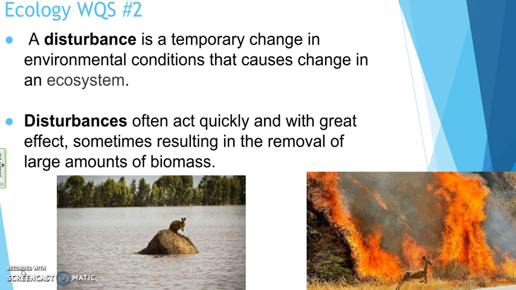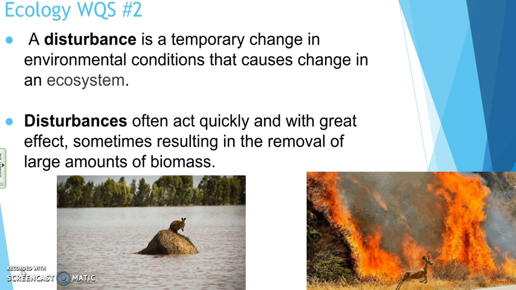So in wildlife or in different environments, you have something called disturbances. A disturbance is a temporary change in environmental conditions that causes change in the ecosystem. Disturbances often act quickly with great effects, sometimes resulting in removal of large amounts of biomass.